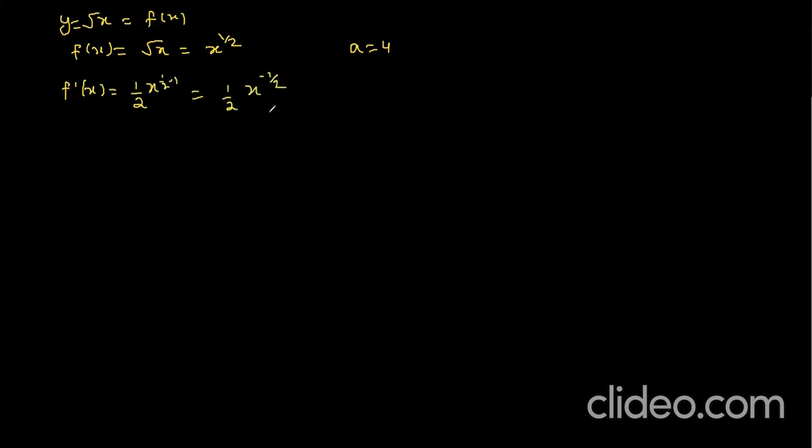Right? f double dash is half times minus half, x raised to minus half minus 1, which is minus 3 by 2. Right? And f of 4 is what? Root 4.